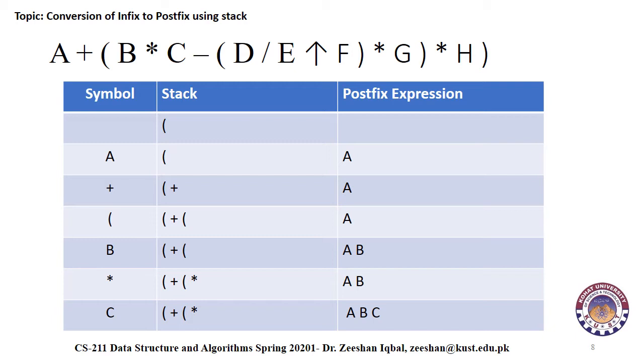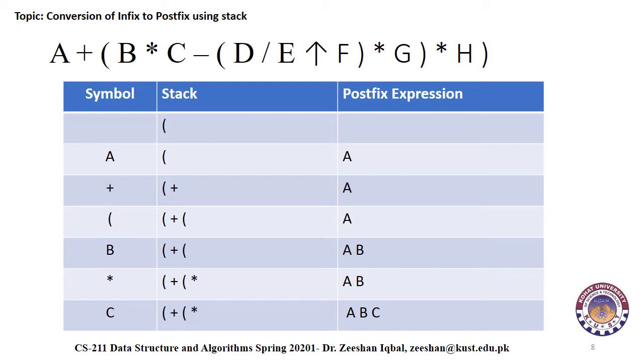The next symbol is left parenthesis. We will push the left parenthesis on the stack directly, as explained in the algorithm. The next symbol is B, which is also an operand, so we will put it in the postfix expression directly. The next symbol is star, which is an operator.